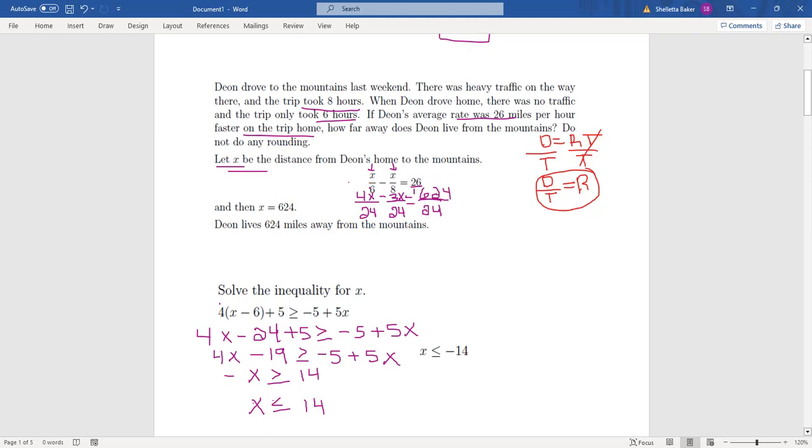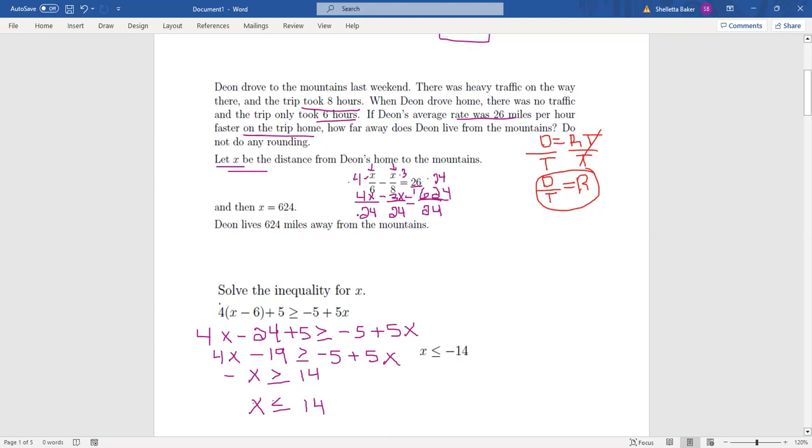To make this 6 into 24, we have to multiply times 4. So that first fraction we multiplied in our numerator, 4 times x, we get 4x. And the second fraction, to make that 8 into 24, we have to multiply times 3. So in the numerator, we have 3x. And on the right side of the equal sign, to make that 1 into 24, we have to multiply by 24. So in our numerator, we had to multiply 26 times 24.